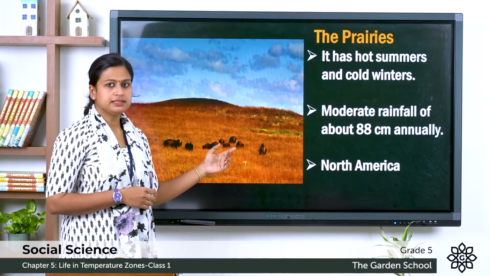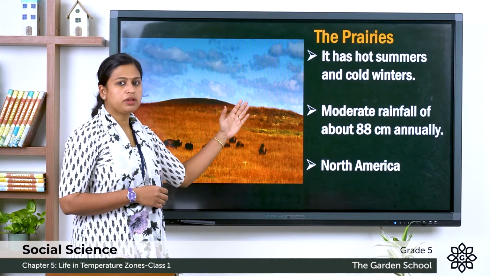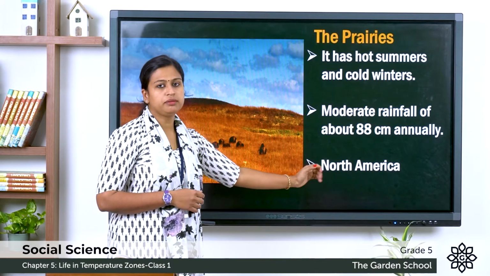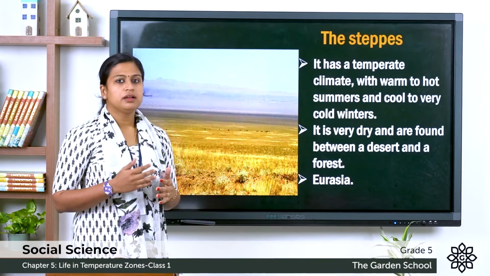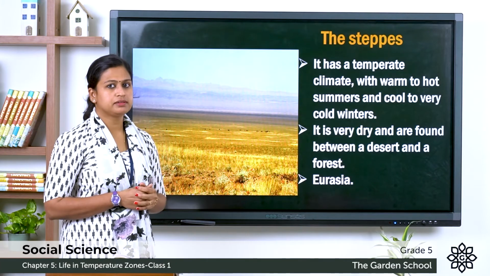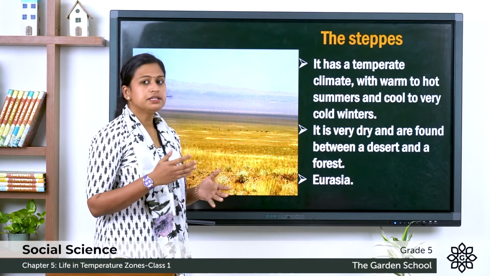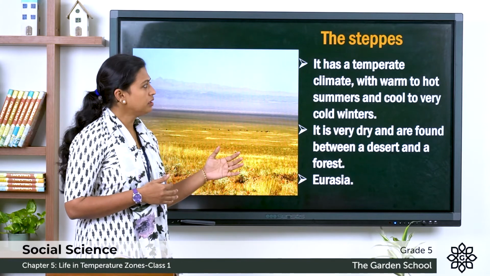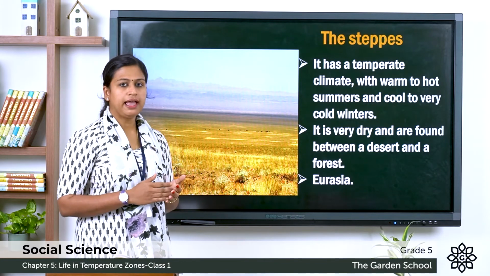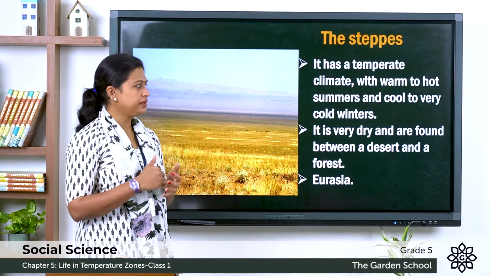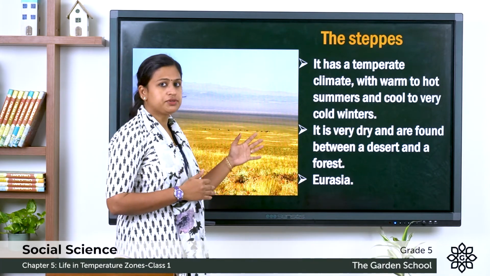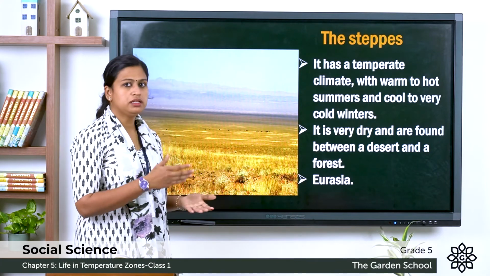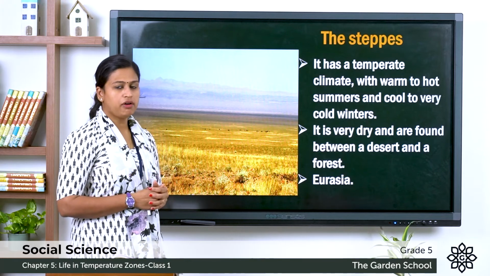We have already seen that it is located in the North America continent. Next is the steppes. It has a temperate climate with a warm to hot summer and cool to cold winter. It is very dry and is found between a desert and a forest.